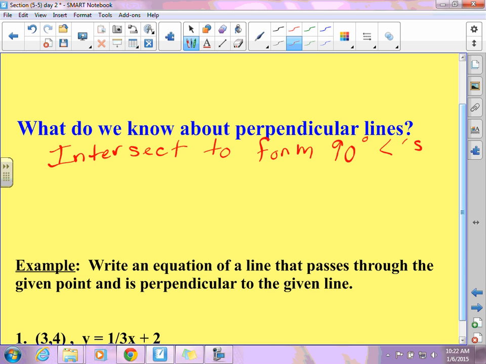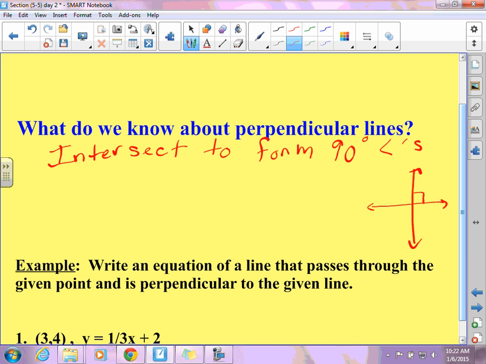Not every X is perpendicular. Okay, they intersect like this, and they're going to form 90-degree angles. That's the key, is that they're 90-degree angles. If you don't have 90-degree angles, they're not going to be perpendicular. Okay.